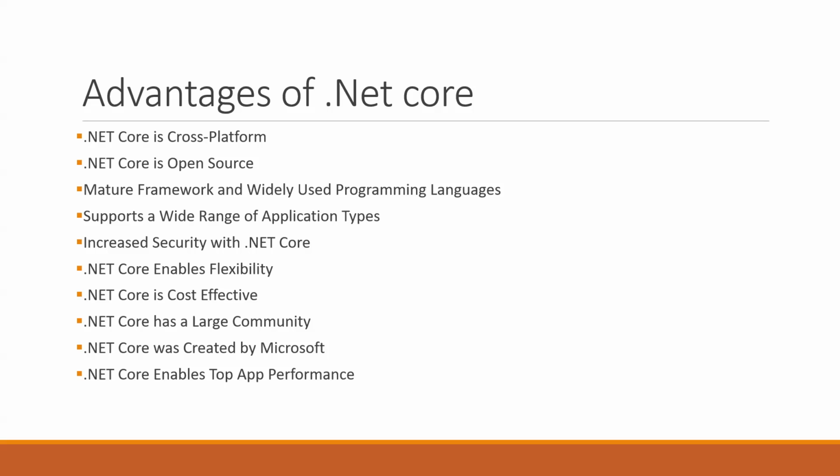Support for a wide range of application types. Whether you are building APIs, microservices, or cloud-based solutions, .NET Core provides the necessary tools and libraries. So it is very easy. If we want to integrate some security features, the libraries are already available, and we just need to extend those classes and methods to add the security features.